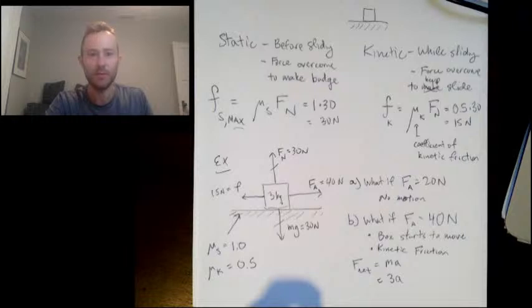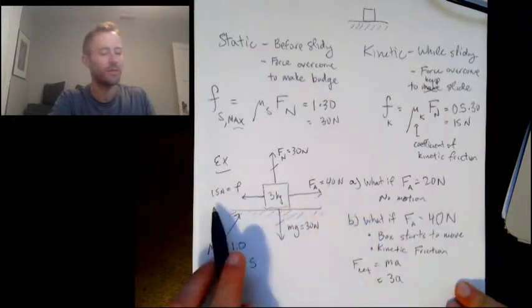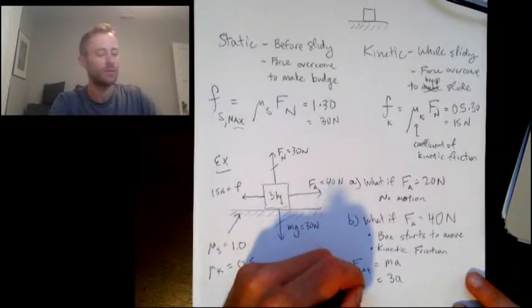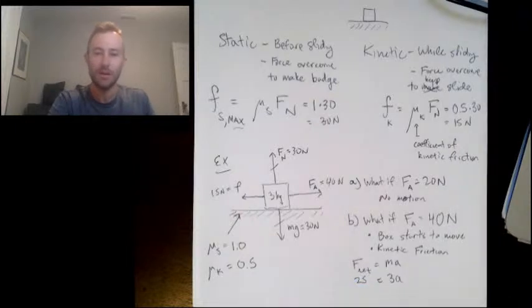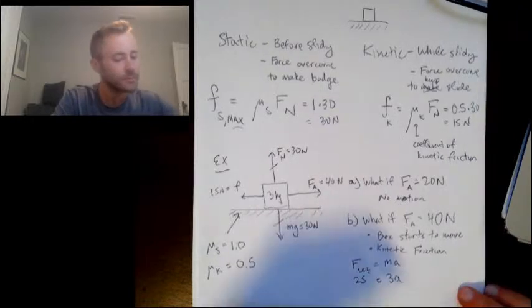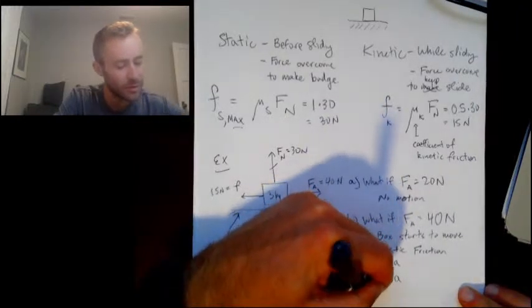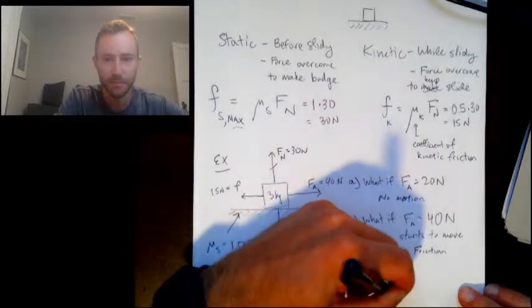Good, 25 newtons. So we got 40 to the right, 15 to the left. That's 25 newtons is the net force. Divide both sides by 3. So that is 8.33. So you would have an acceleration of 8.3 meters per second squared.